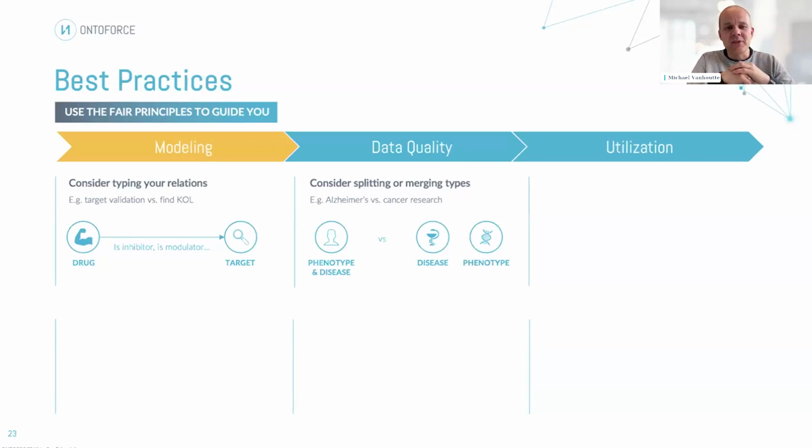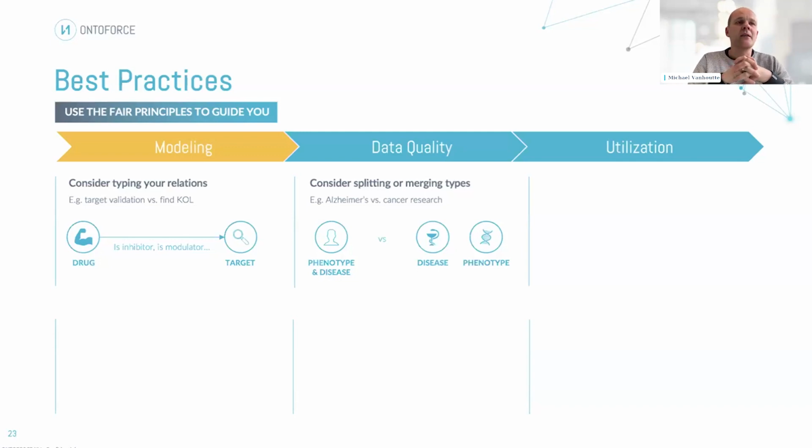An example we see here is a phenotype versus a disease. If you're doing research around Alzheimer's, for example, and you're thinking about feeding that into an ML, then it may make sense to split a disease and a phenotype, because the phenotypes involve things like memory impairment and neurological decline, and they will be clearly distinct from the disease itself, Alzheimer's disease.